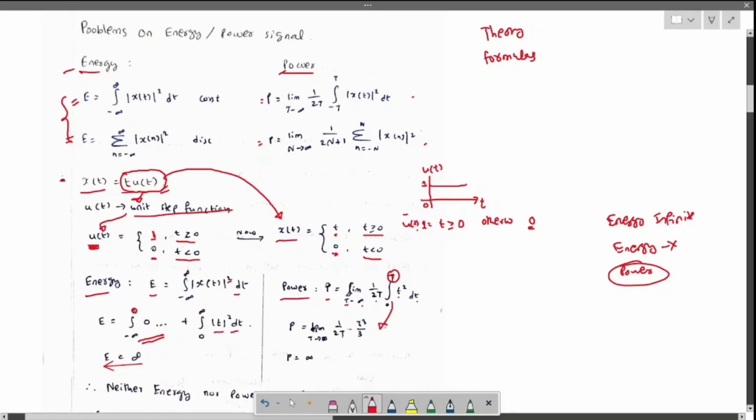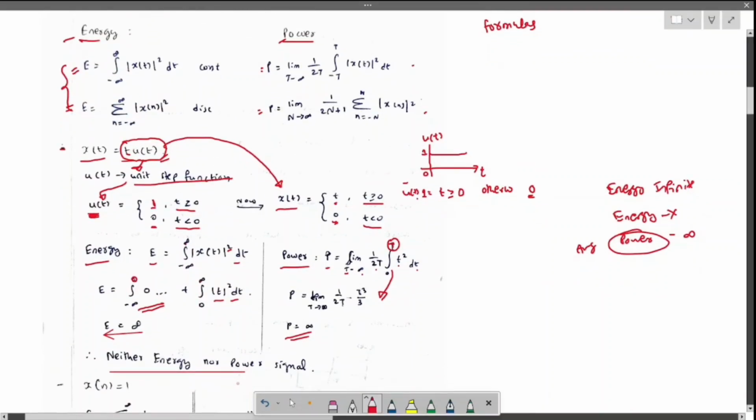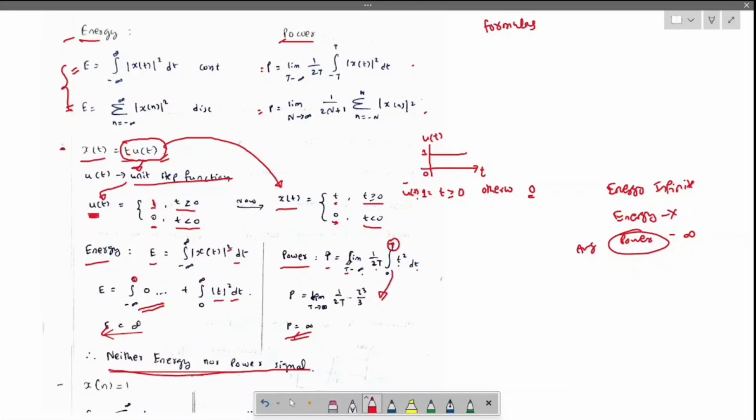When you do this, you will get P equal to infinite. So average power is also infinite, which means it is neither an energy signal nor a power signal. We can conclude that when energy is infinite and power is infinite, it is neither an energy nor a power signal. I hope you got the idea on this. Now let us move to the next problem.